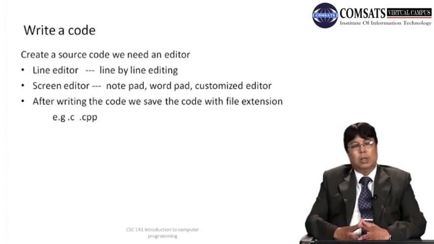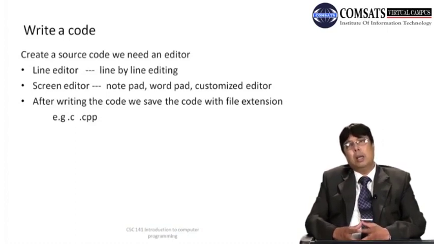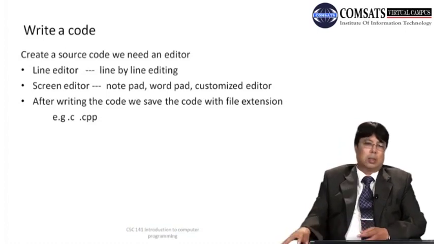For example, .c means myprogram.c, firstprogram.c, a.c. This indicates that the file contains source code. Or a.cpp, first.cpp, myprog.cpp. That shows that the file contains C++ source code.